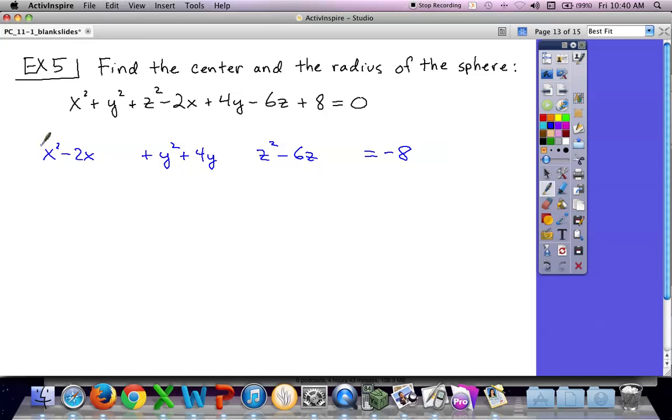Okay, now remember, how do you pick what to add into that third position so that it completes the square? Divide what?